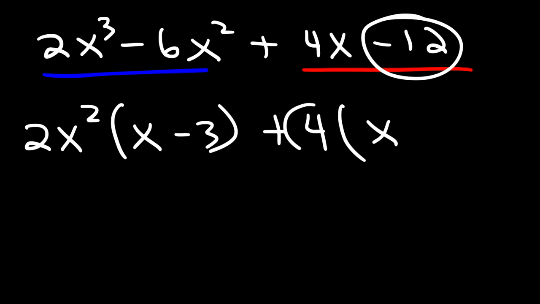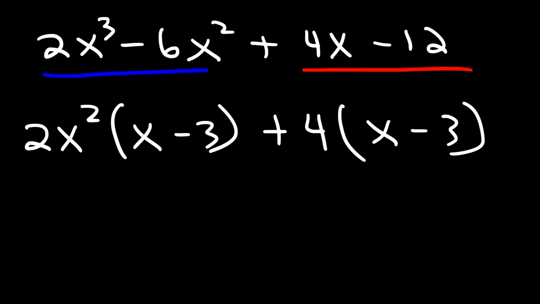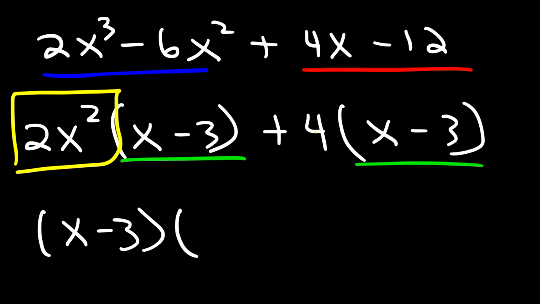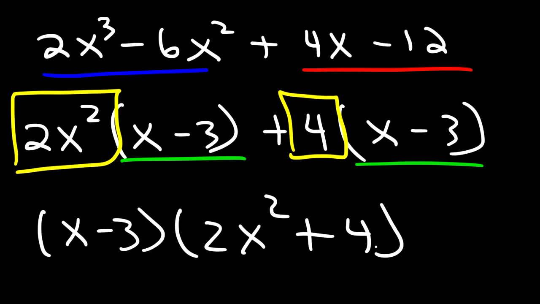Negative 12 divided by 4 is negative 3. So notice that these two are the same, which is a step in the right direction. So let's write x minus 3, and whatever you see on the outside here, just put that inside the second parentheses. So that's going to be 2x squared plus 4. And that's it. This is our answer.